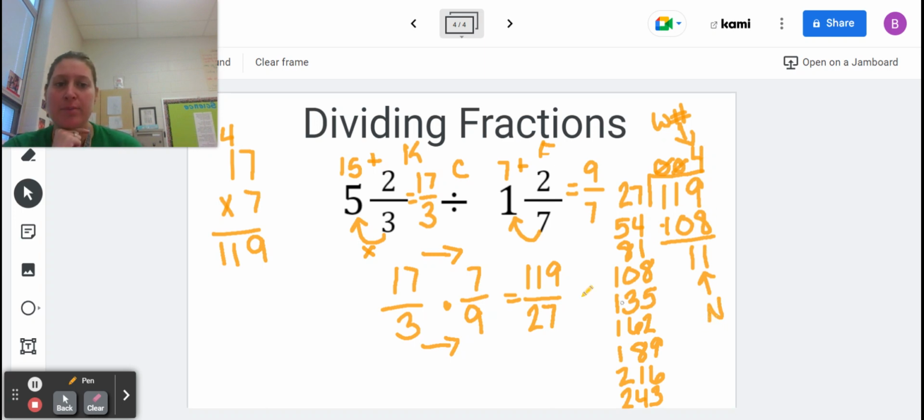So I have 4 as my whole number. I have 11 as my new numerator. And then my denominator does not change. It is still 27. So then I know that 5 2/3 divided by 1 2/7 is going to give me 4 11/27.